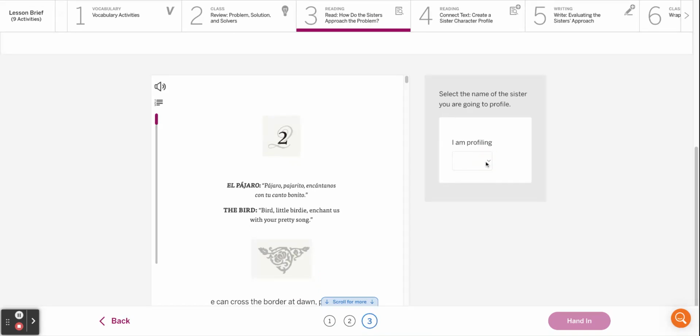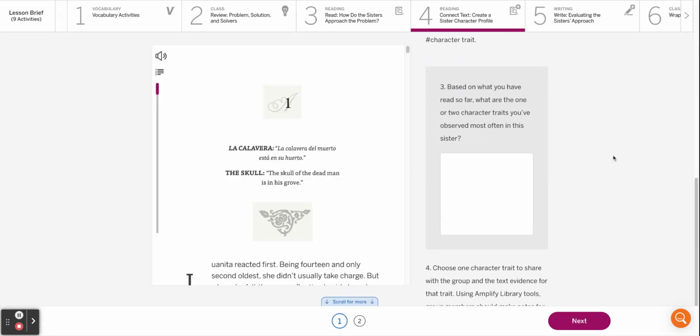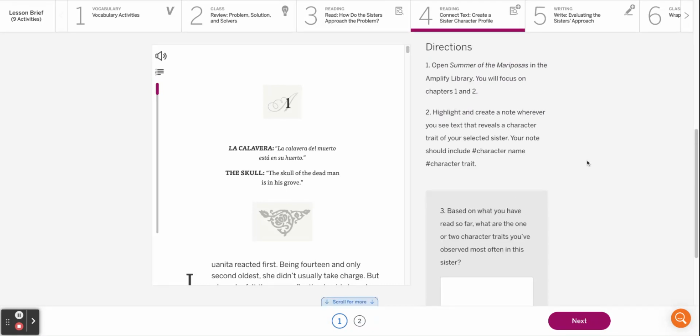Which sister are you going to profile? That means which sister are you focusing on to analyze their character? And now we're going to start to create a character profile. So focus on chapters 1 and 2.